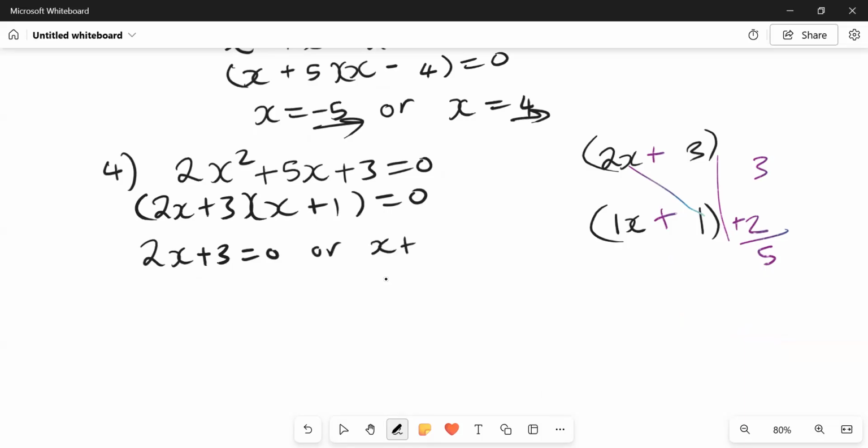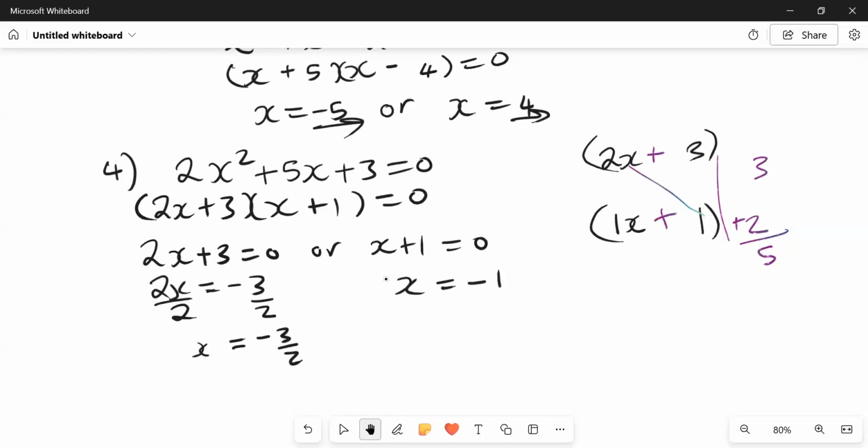Now transpose. This is -3 divided by 2. x is equal to -3 over 2. This side, x is equal to -1. And then you got your answers.